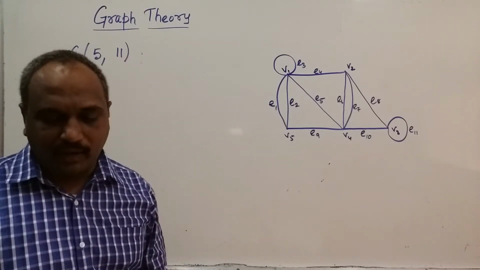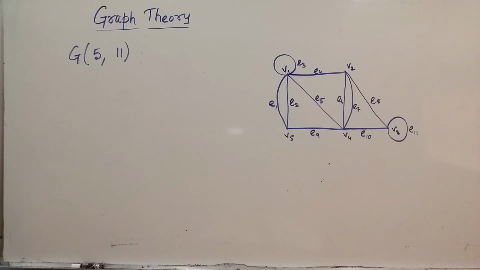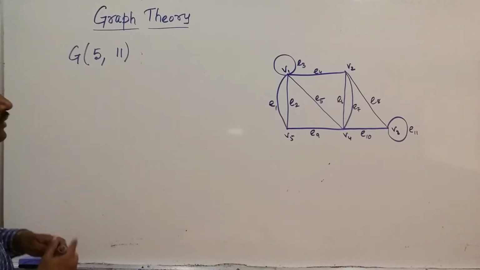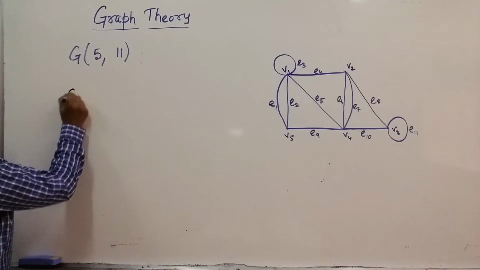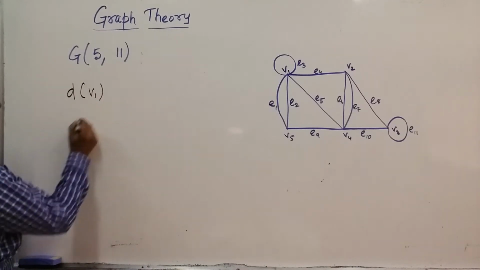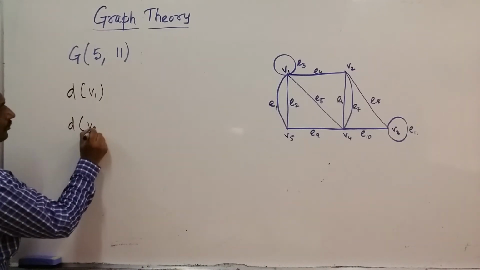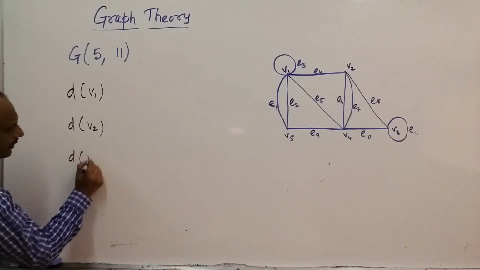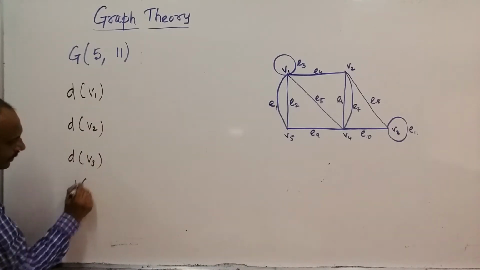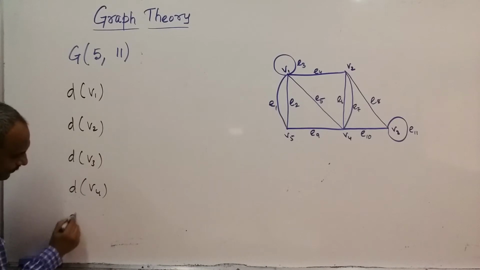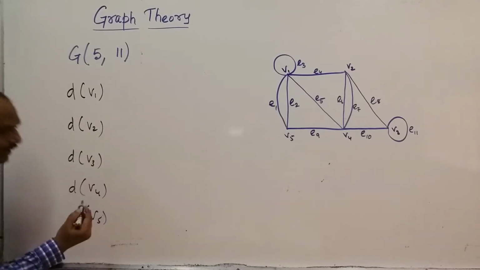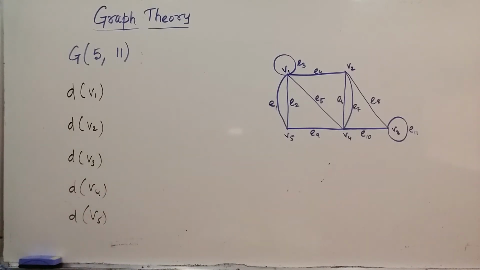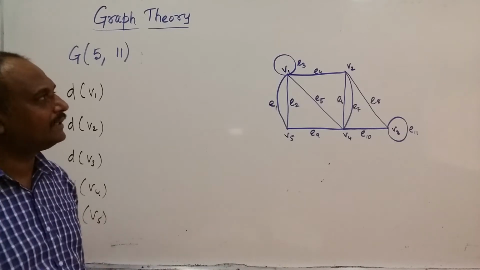So this is the representation of the graph. Now I am going to find the degree of each vertex: the degree of V1, V2, V3, V4, and V5.